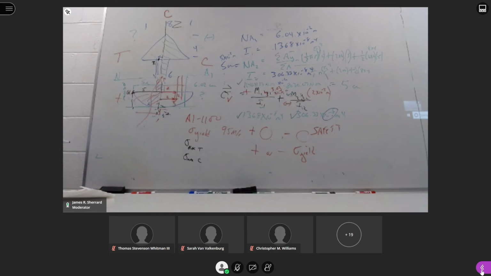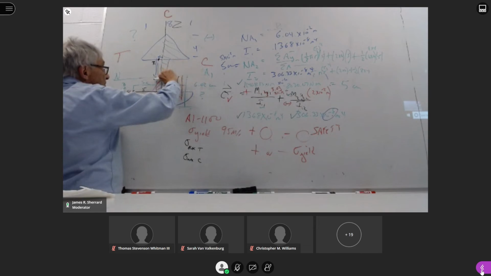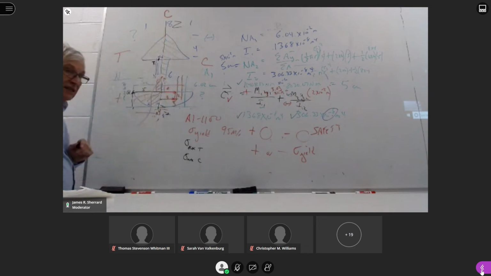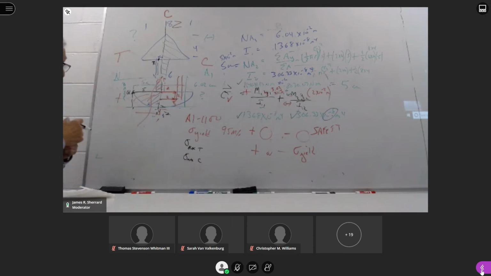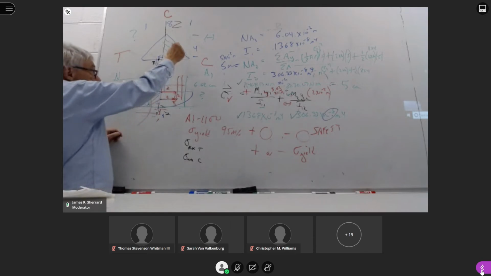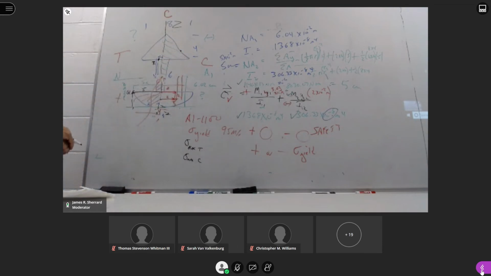In this particular case, if everything to the right of here is in compression, everything above is in compression, we have to find that one point where sigma max for compression exists. If you did it, it's going to be somewhere along that side of the triangle. That is difficult to calculate. That's why I gave you the extra credit to try to do that.